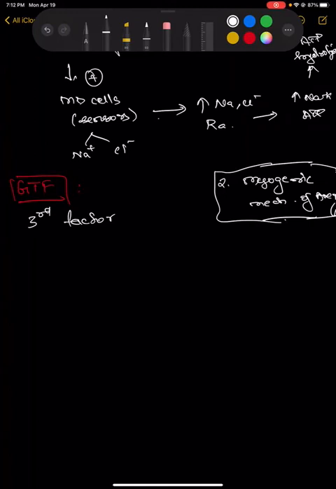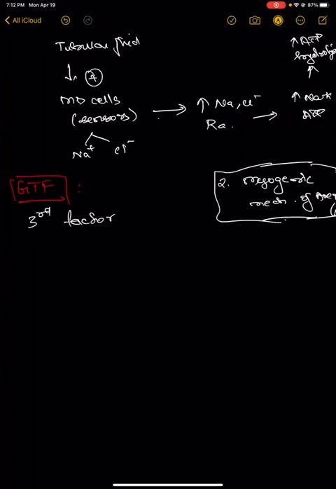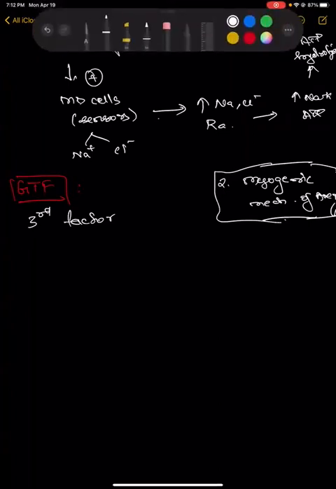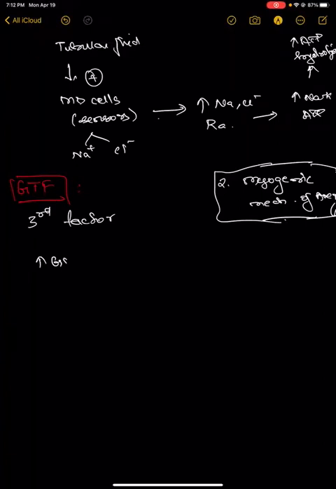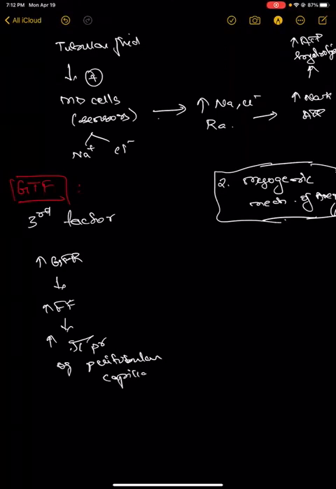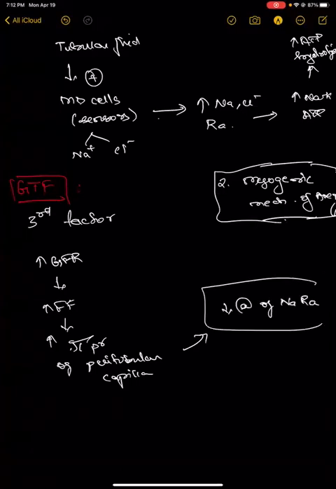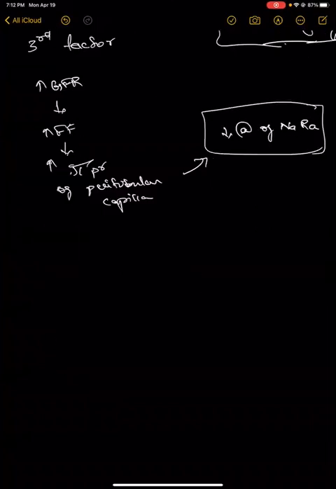So the third factor would be the glomerular tubular feedback mechanism. This works in a way that when the GFR is raised, our filtration fraction is also raised, and this in turn causes a raise in the oncotic pressure of peritubular capillaries, because of which there is a reduction in the rate of sodium reabsorption. So this is what is happening in the glomerular tubular feedback.